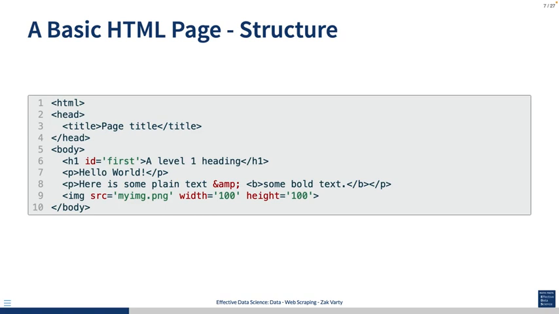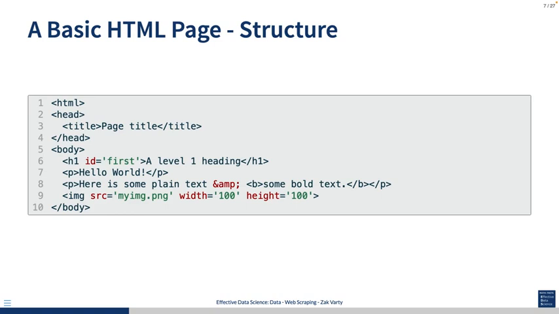Then an additional attribute is given within the opening tag. Here it's an ID being equal to the string first. Finally, the / followed by h1 enclosed in angular brackets is the closing tag for this element. Everything that we have between the opening and closing tag are the contents of that element.